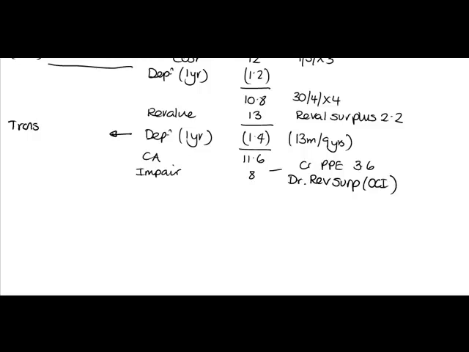The transfer would have been 2.2 spread over 9 years. So let's say to the nearest 100,000, that's 0.2. So our revaluation surplus is 2.0.